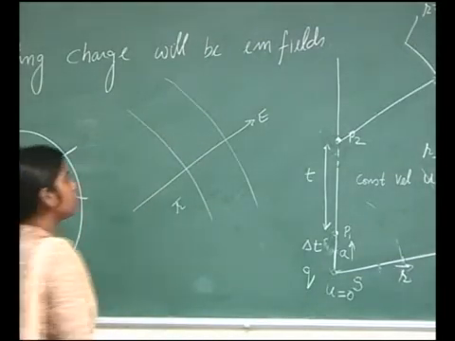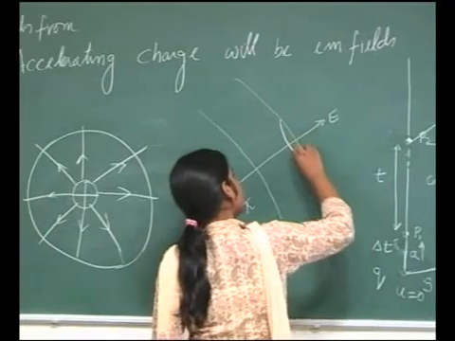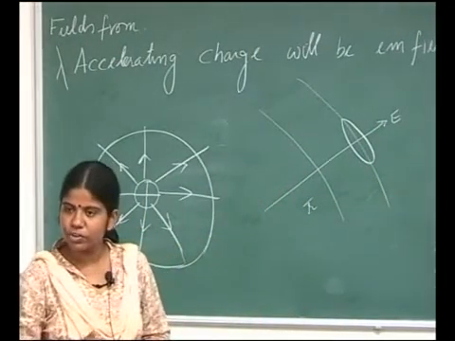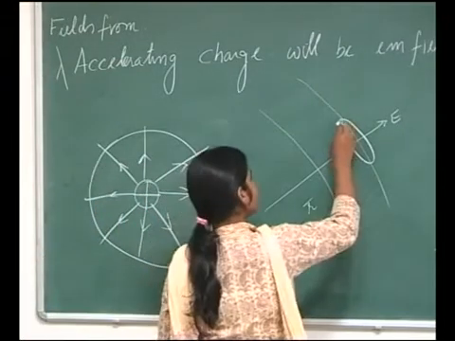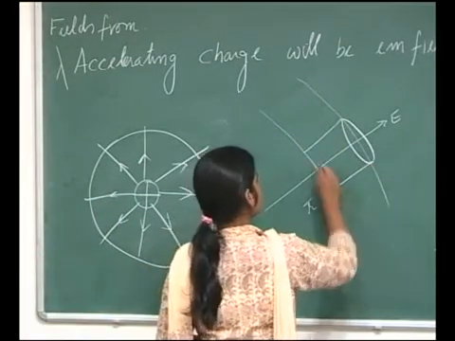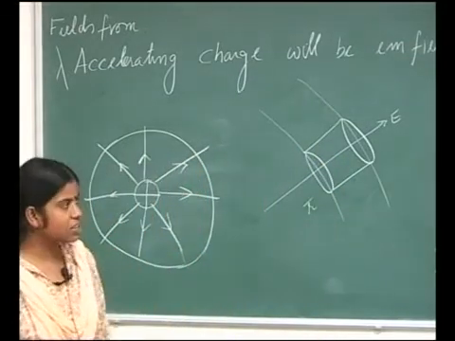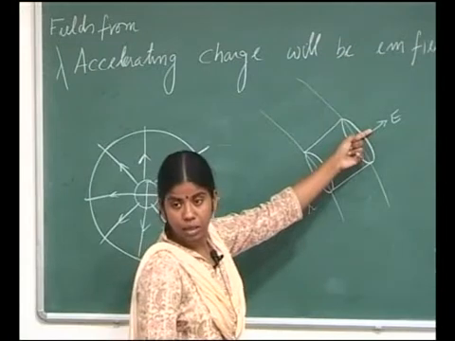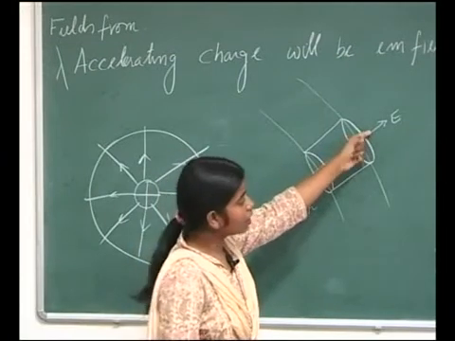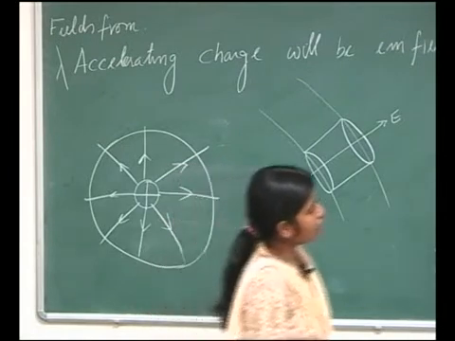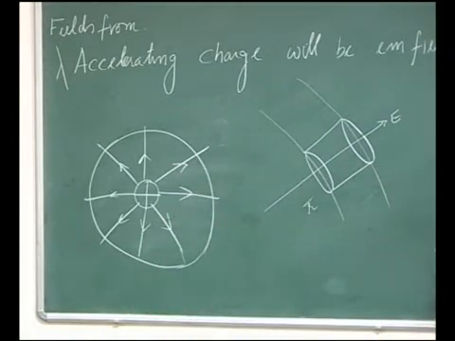Okay. So, I draw a pill box because I am going to apply Gauss law. So, this is my pill box here. This is E, okay. This is E, and now you see that what is entering into this surface is E parallel.